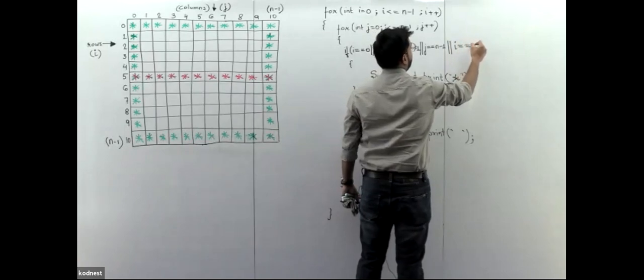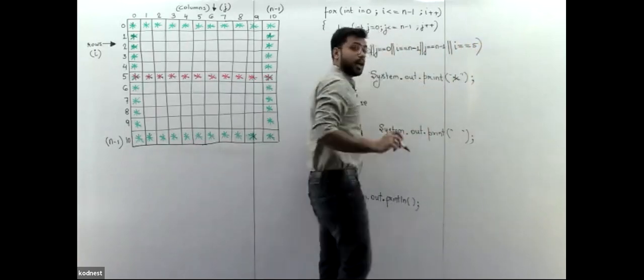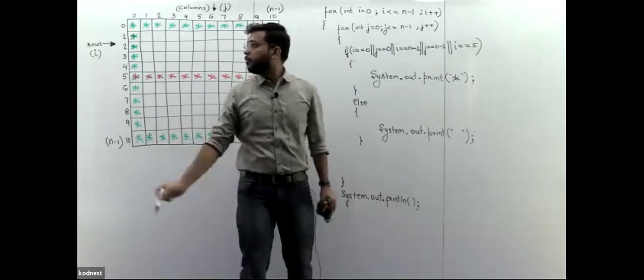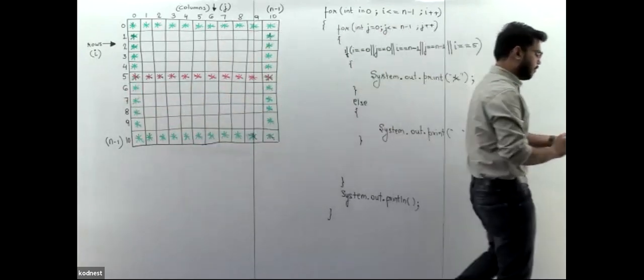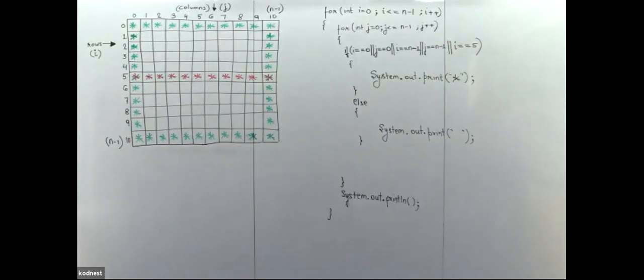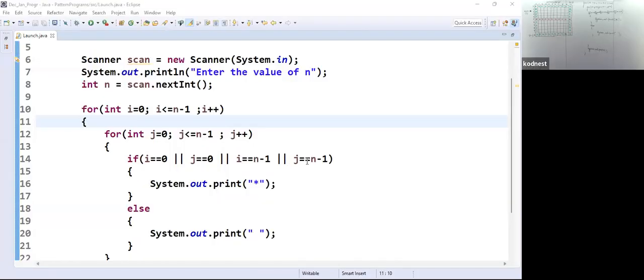Whenever the i value is 5, I want to print the star. Whenever the i value is matching with 5, I am printing the star, and let us see, will it work or not? I will share the screen, and here I will mention or.